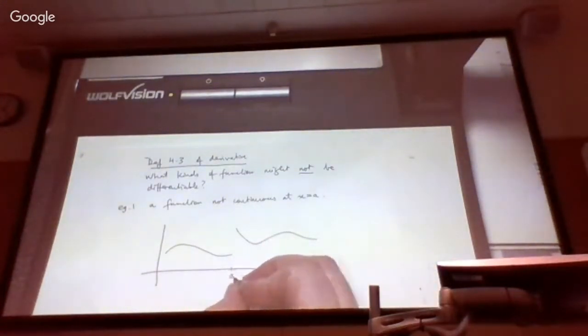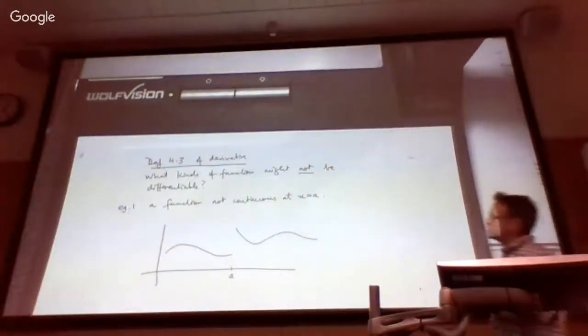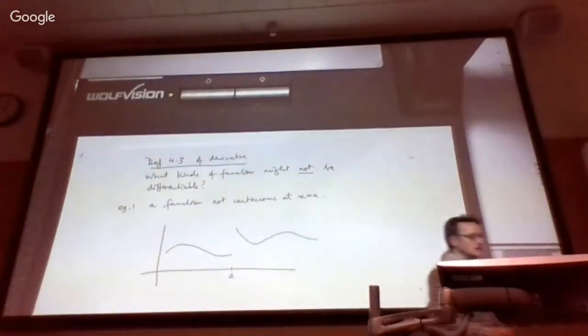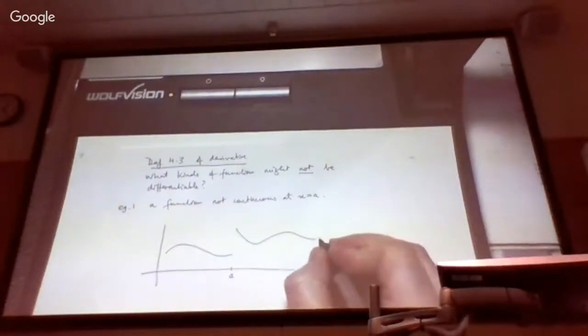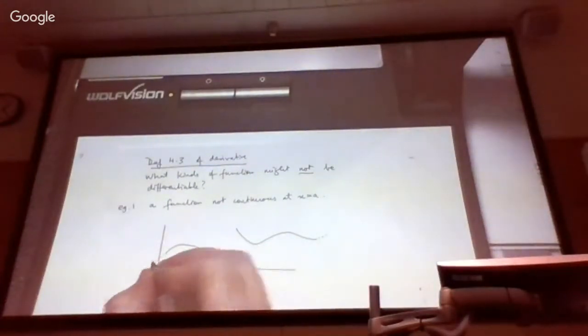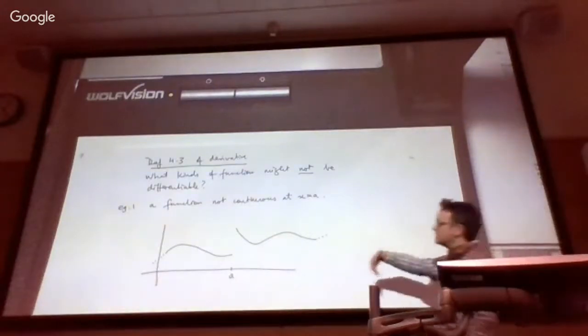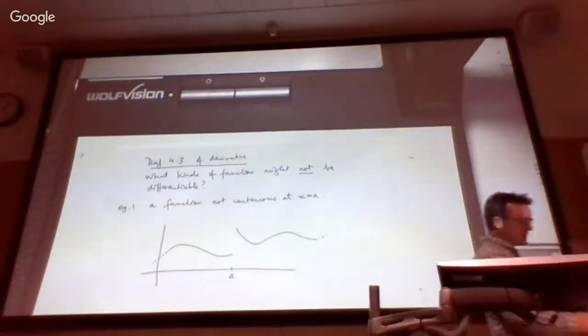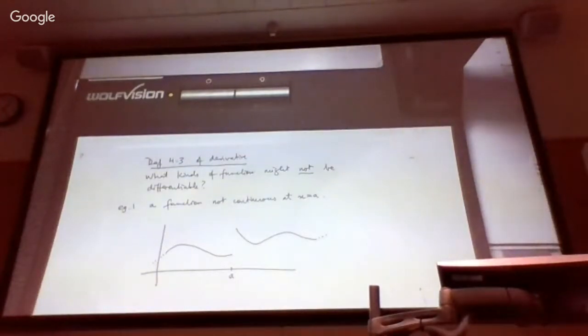So here's our point a. Here's a graph of a function which is probably continuous everywhere else except at a. There's an immediate, instantaneous, discontinuous jump in the value of the function at the point a. You've got this left-hand branch and this right-hand branch.